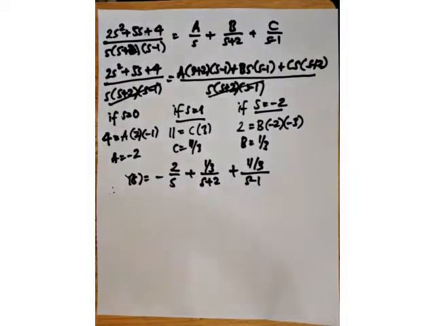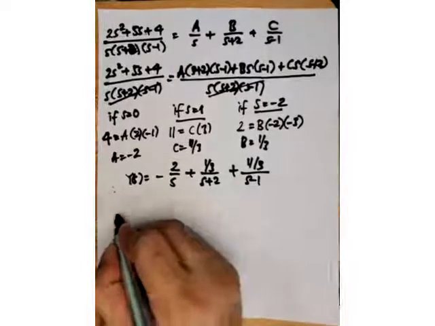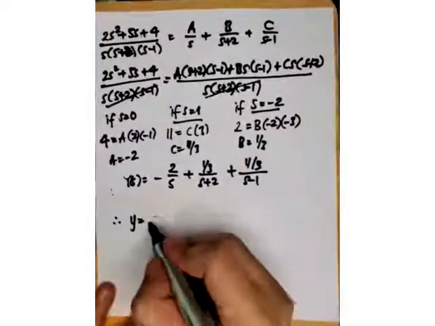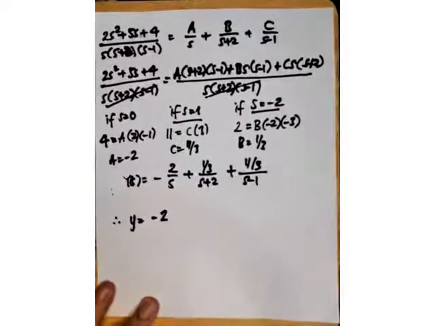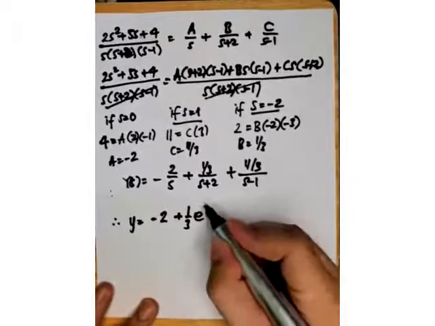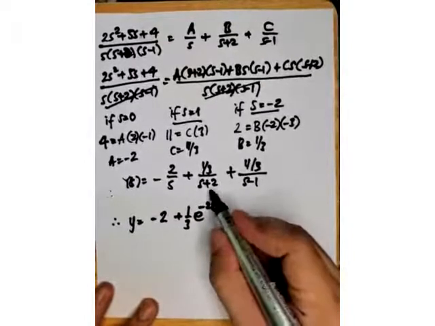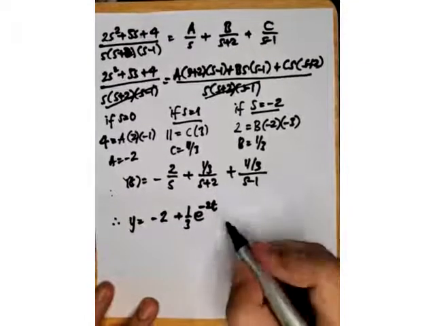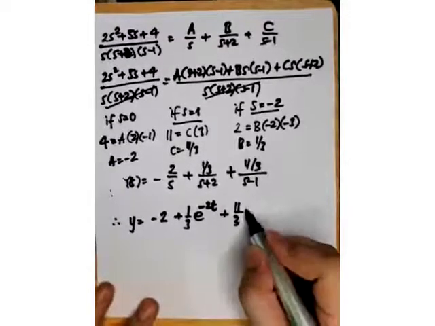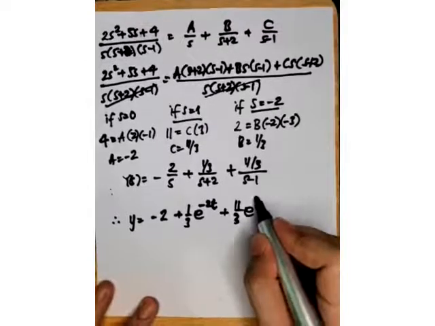Okay, now let's have the inverse Laplace transform. So therefore, y is equal to, so this is a constant, negative 2, plus 1/3 times e raised to negative 2t, that's S minus n, plus 11 over 3 e raised to t.